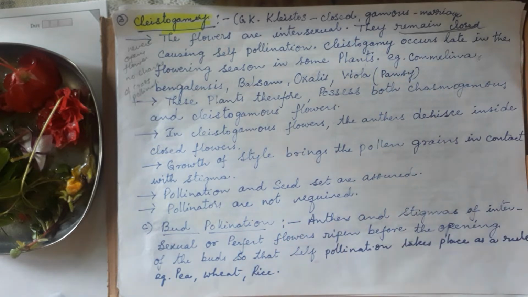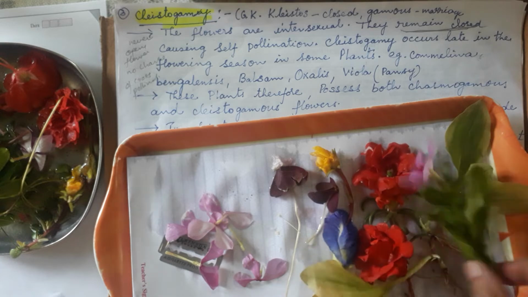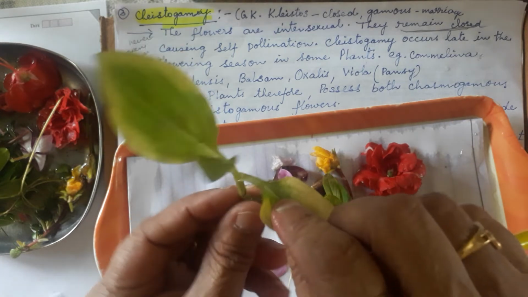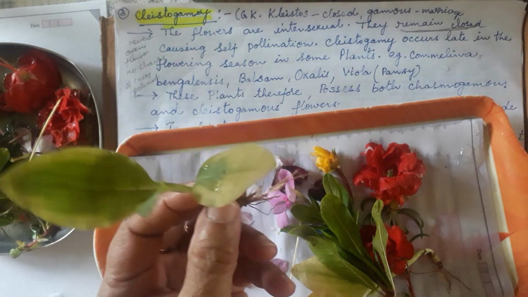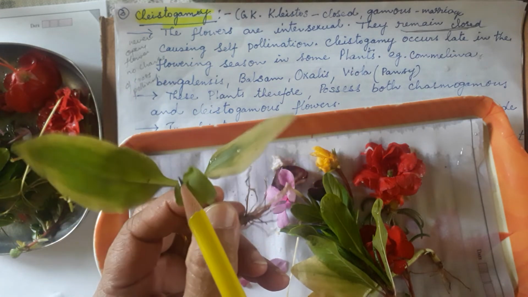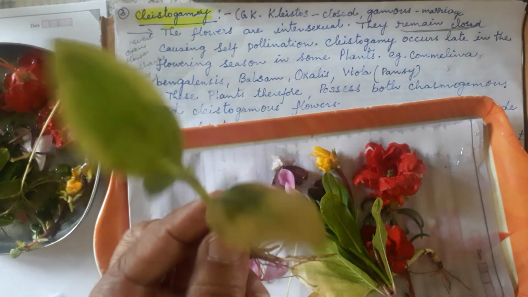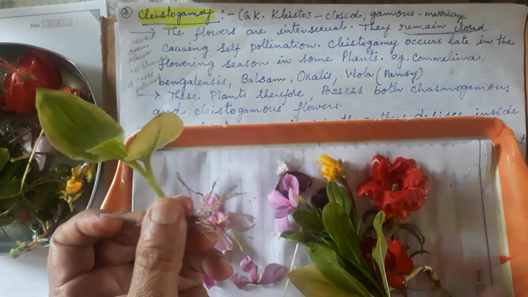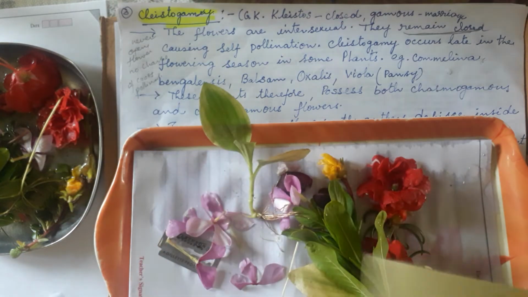Example, Commelina. If you see this plant, this is a grass plant, you can see it on the jungle side. The greatness of this plant is that on the same plant one chasmogamous and another clistogamous flower will be there. This plant is Commelina. Okay, example Commelina. I will show you in the NCERT textbook also.